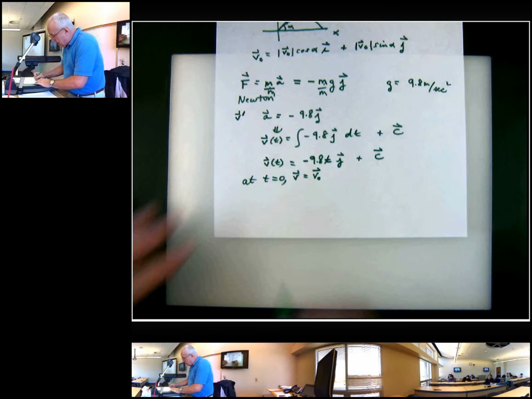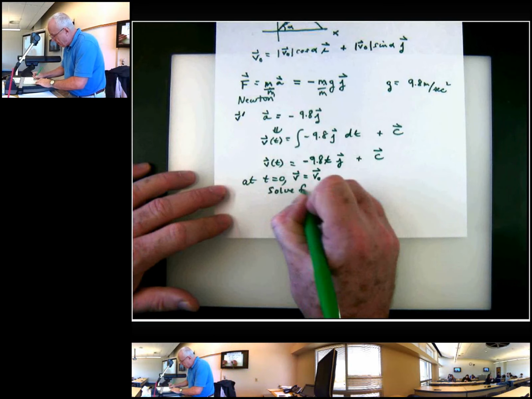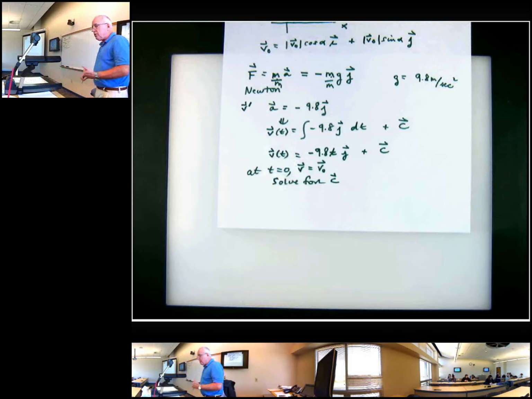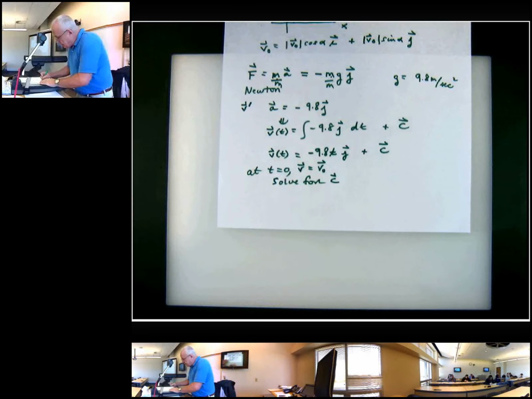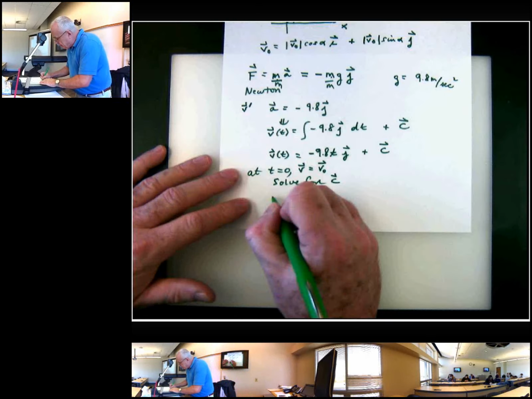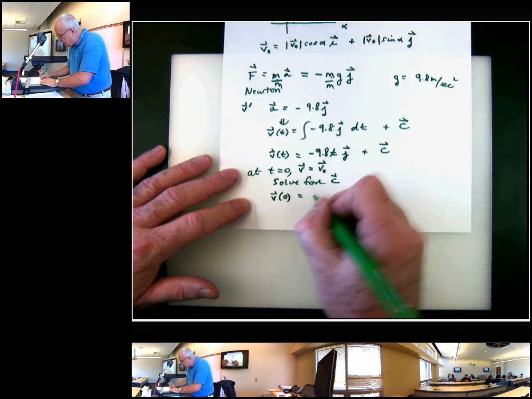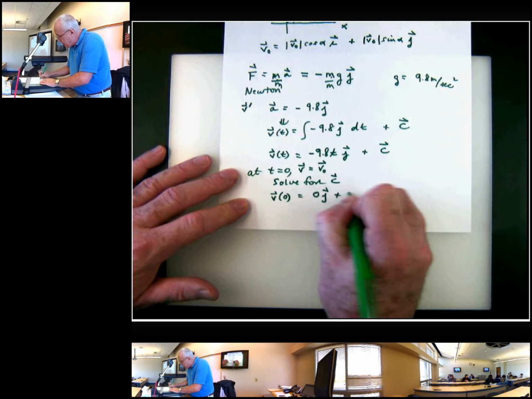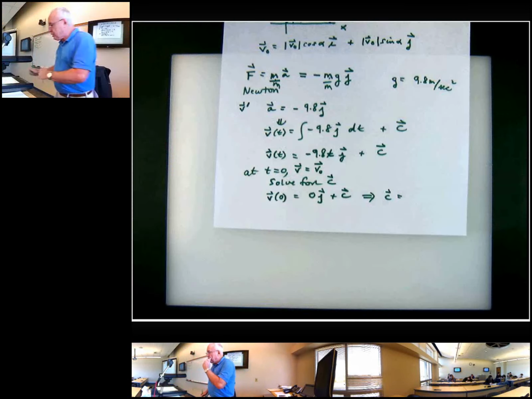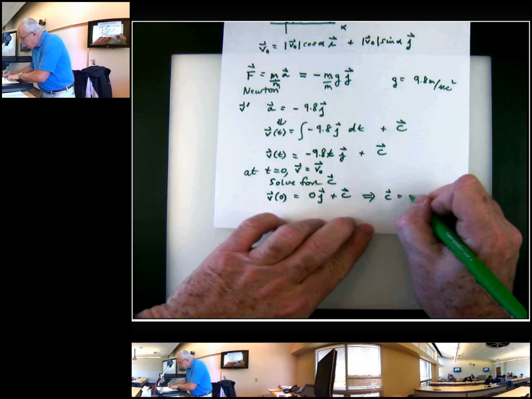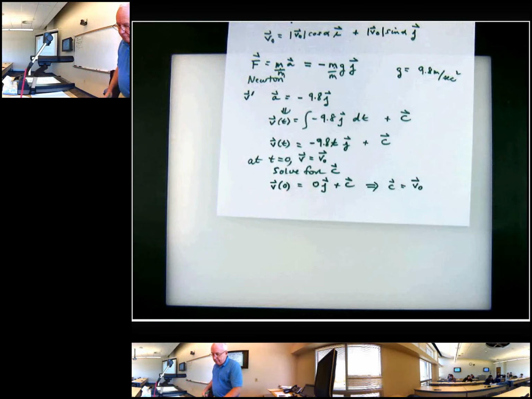So I can solve for c by plugging in 0 for t, and I get that v sub naught, or v at 0, is equal to 0 times j plus c. So my general constant is the vector v sub naught.